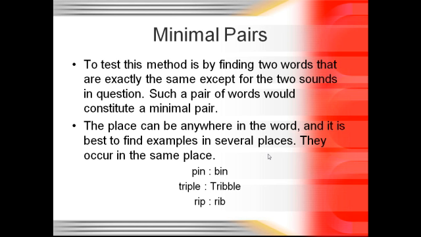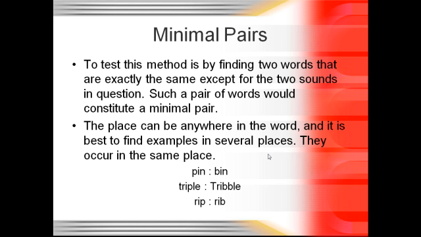Minimal pairs is a method where you have to find words, two words in this case, that's why you say pair, that are exactly the same except for the two sounds or segments in question. Such a pair of words would constitute a minimal pair.